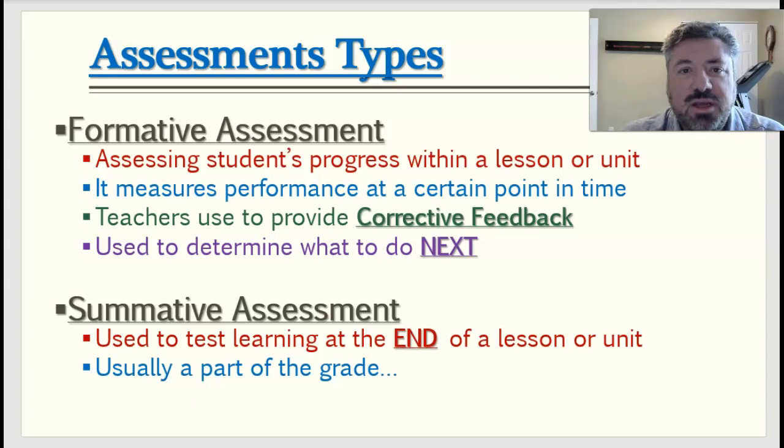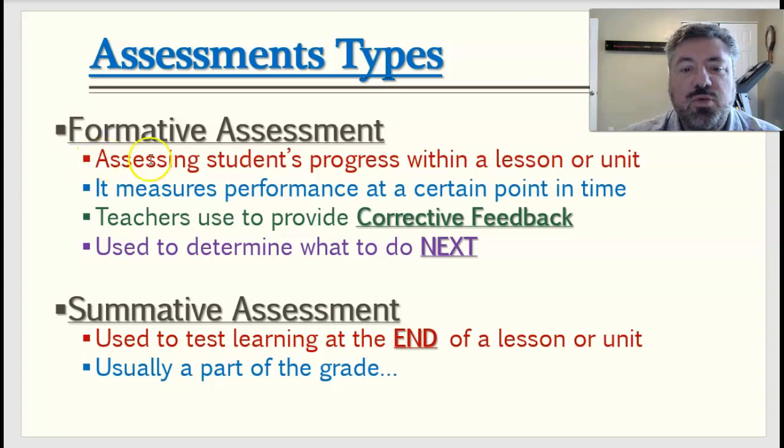Formative assessment is not necessarily formal. Don't think of that. Formative assessment is where you assess students' progress within a lesson or unit. You might do this by observing, just watching and providing them context clues, coaching pointers, corrective types of feedback.